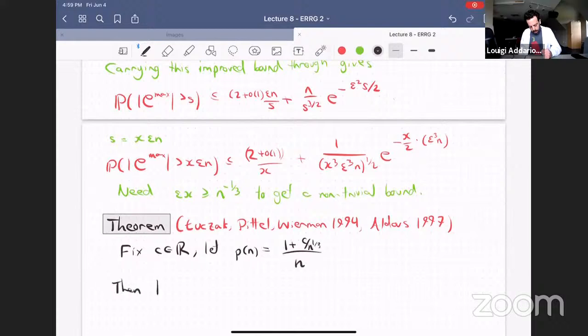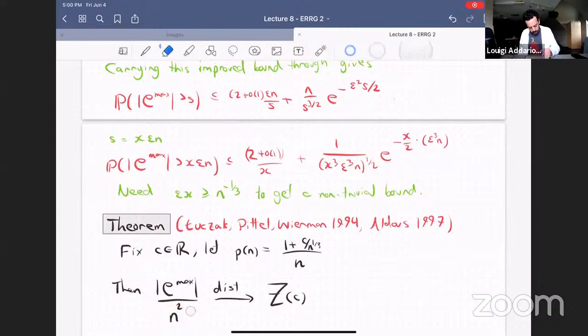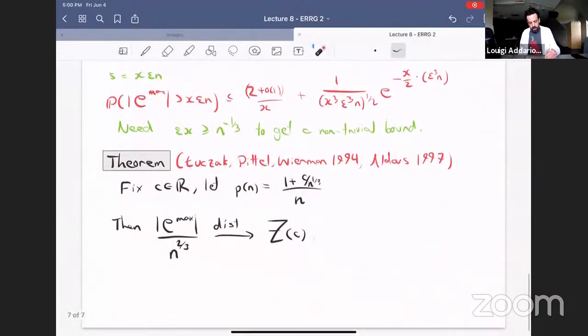Then this largest component that we've been studying indeed has size n to the 2/3 in probability, and its distribution is such that, on that scale n to the 2/3, its size converges in distribution to some random variable Z, which has finite expectation. So for some random variable.